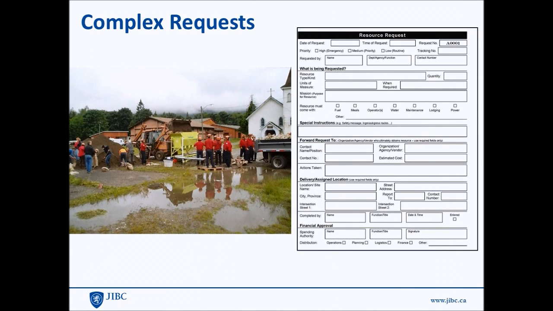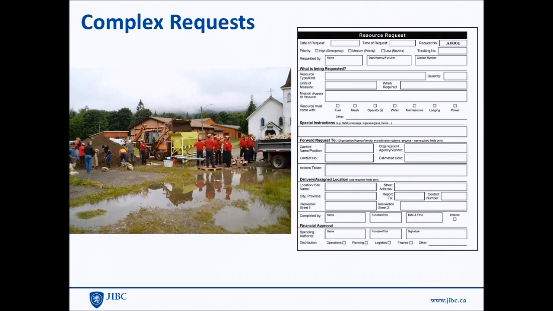Consider this sandbagging operation. The bagging machine is a provincial asset sent as a result of a local authority resource request. The sand was delivered by the local sand and gravel company after a resource request was made the day before. The sandbags were acquired as a direct purchase through a hardware company, which was another resource request.